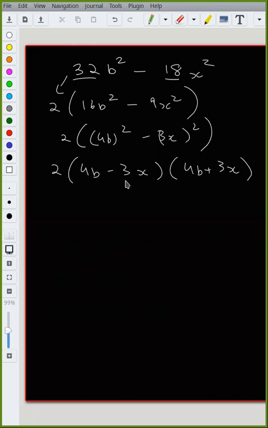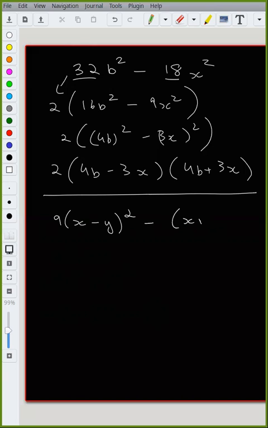Okay? Try this question. Nine into x minus y the whole thing squared minus of x plus 2y the whole thing squared.